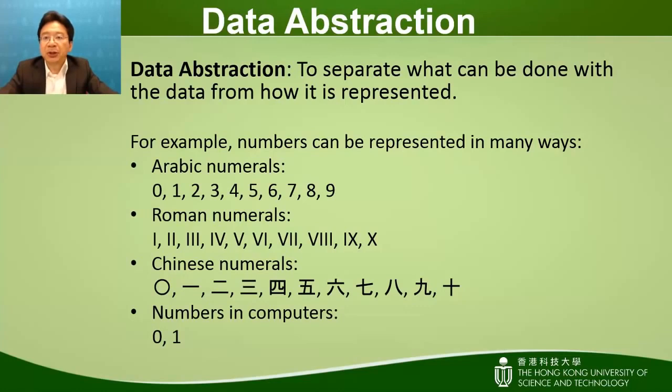One important observation is that, irrespective of how numbers are represented, we expect operations performed on numbers will obey certain rules. For example, when we add 1 to 2, 3 is expected as the answer, irrespective of whether it is done by a Chinese, a Roman, an American, or a computer.